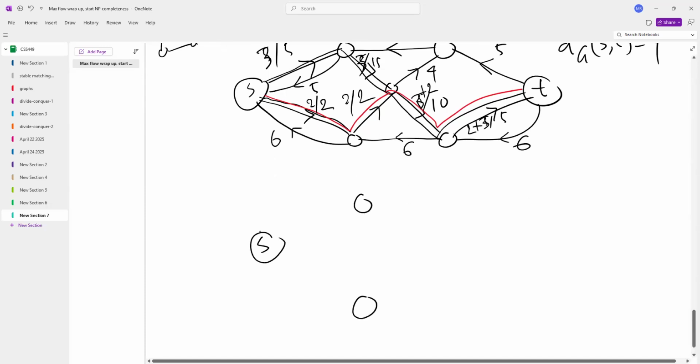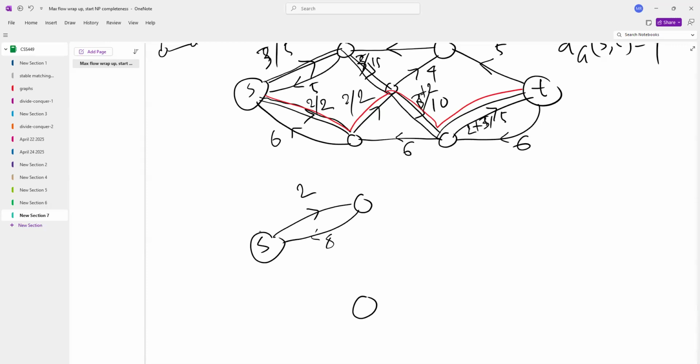If you now look here, on the top path we again send 3 flow, and we previously had 5 from the reverse. So now the reverse is going to be 3 plus 5 equal to 8, and the top is going to be just 2 remaining. Right? So this is going to be 2, and this is going to be 8. And then the bottom is fully saturated, just 8 in the reverse direction.